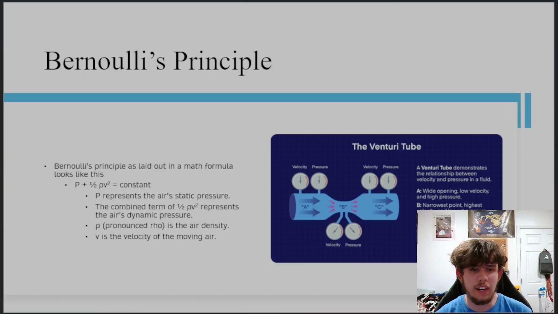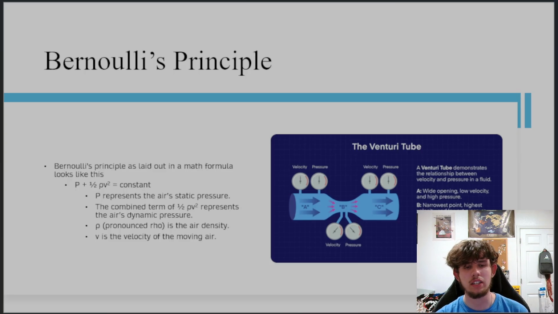The image on the right of the screen here is a Venturi tube, and it measures the velocity of a fluid moving through a standard sized piece of tubing until it gets to a narrowing in the tubing before then being allowed to expand out again, or the A, B, and C sections in this tube. The A section is a wide opening with a constant velocity, constant pressure.